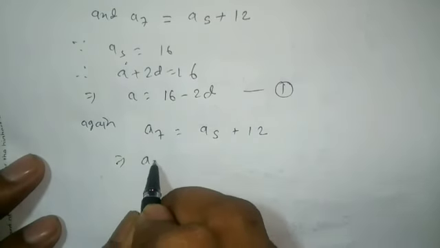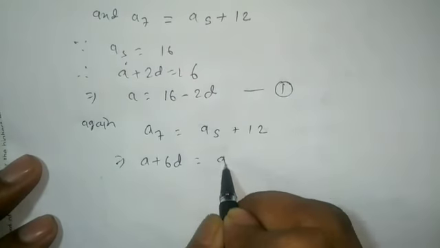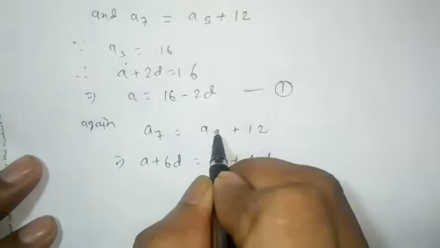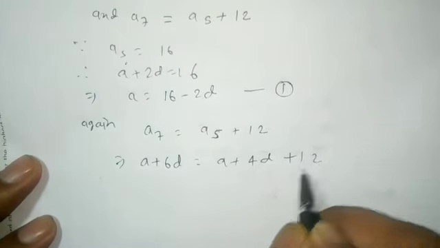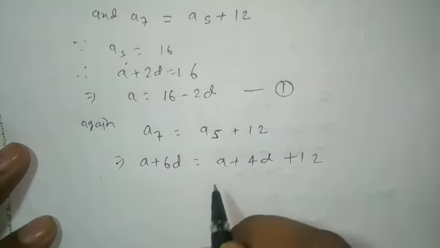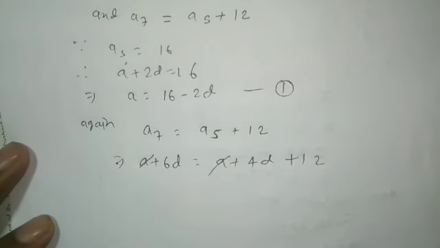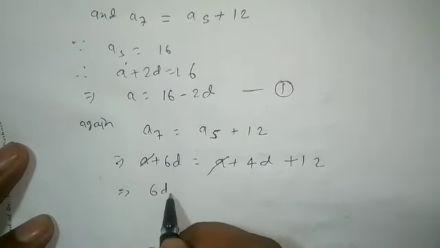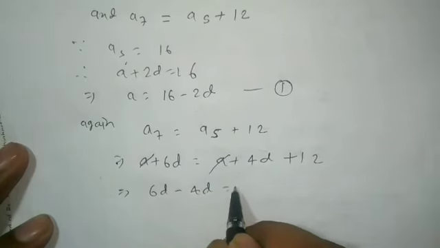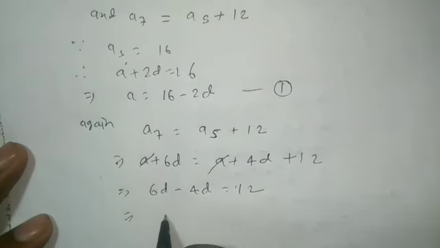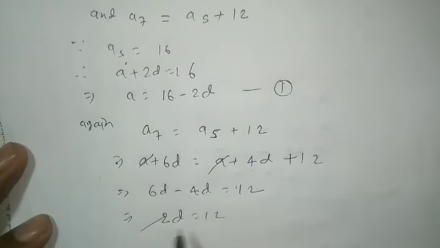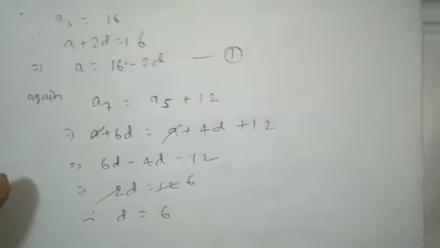Implies A plus 6D is equal to A plus 4D plus 12. A cancel. 6D minus 4D is equal to 12. Implies 2D is equal to 12. 2 6 are 12. Therefore D is equal to 6.